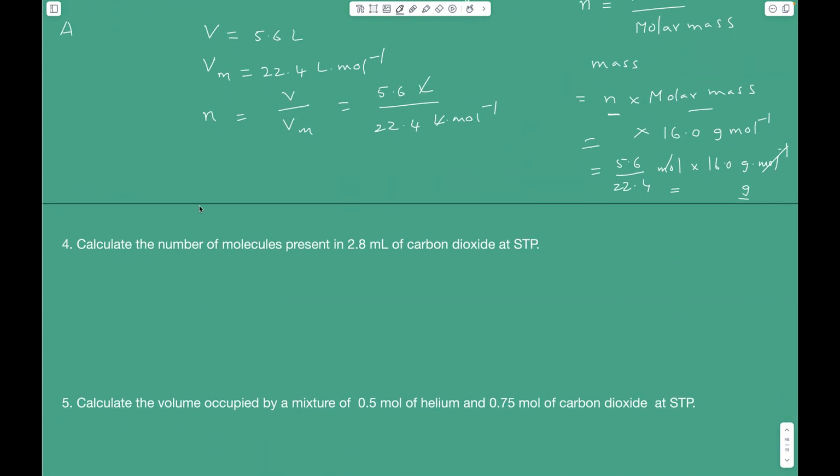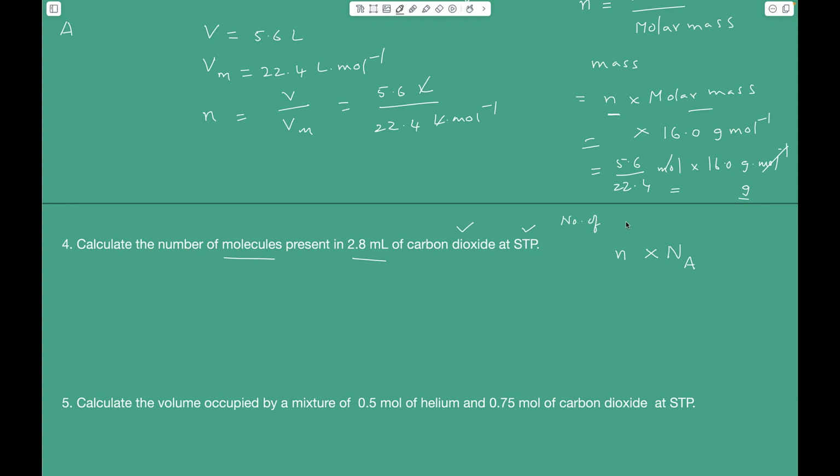In the next question, we are asked to calculate the number of molecules present in a given volume of carbon dioxide at STP. You know that Avogadro's constant gives the number of particles present per 1 mole of the substance. And if you multiply that with the amount of substance or the number of moles, if you don't care about the unit mole, then you would get the total number of particles present in that sample.